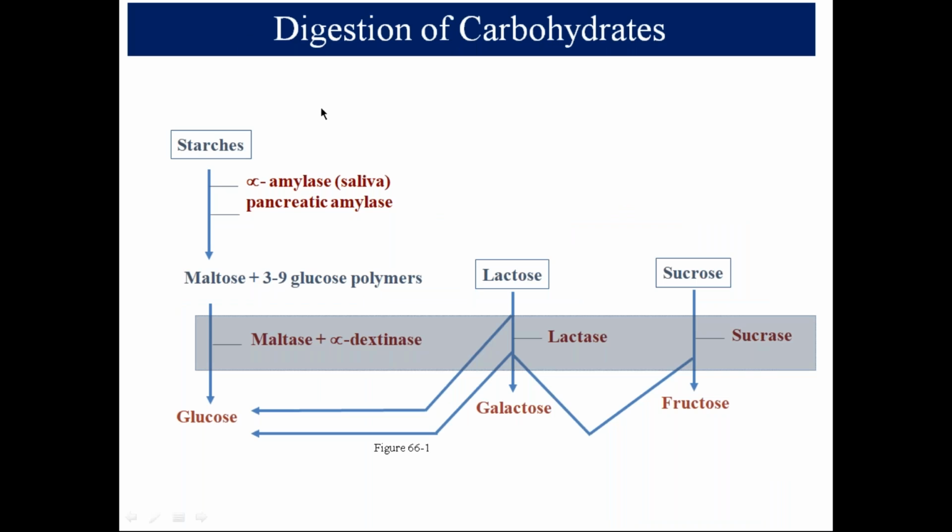Right? So in the digestion of carbohydrates, the principal dietary carbohydrate is starch. The digestion of starch begins in the presence of salivary alpha amylase, right?